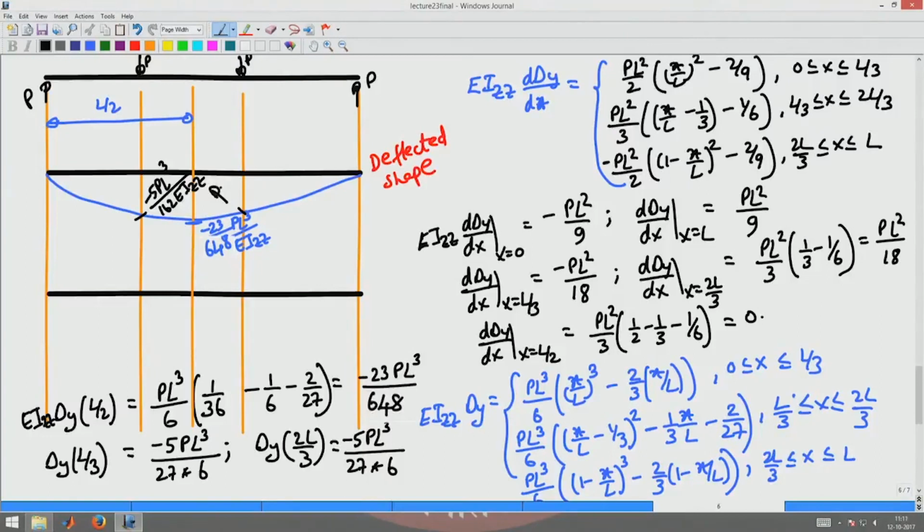Okay. Now let us draw the slope, that is, the variation of theta, that is d delta y by dx. Okay. We find that the slope is 0 at L by 2, because as expected the deflection is maximum there, and then it varies from negative on the left hand side of the midsection to positive on the right hand side of the midsection.